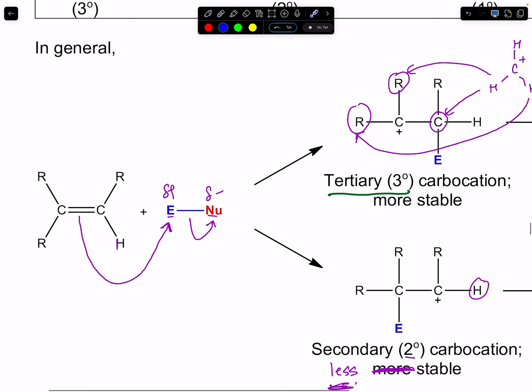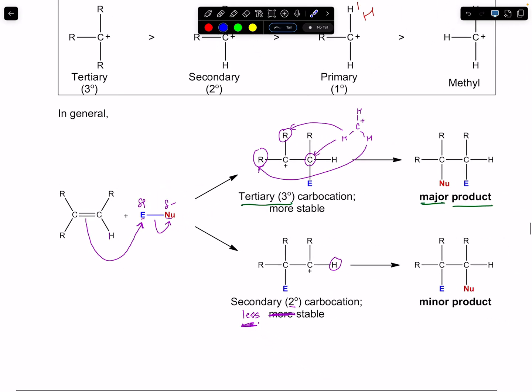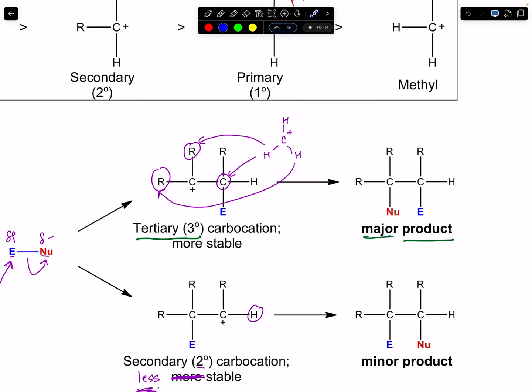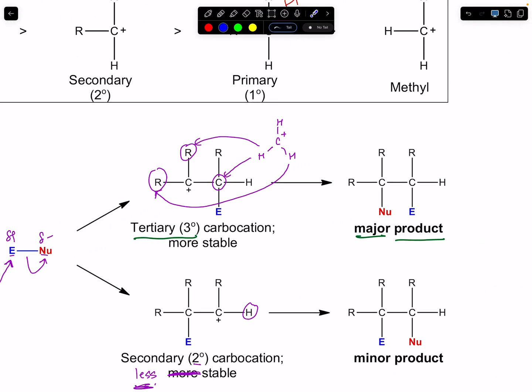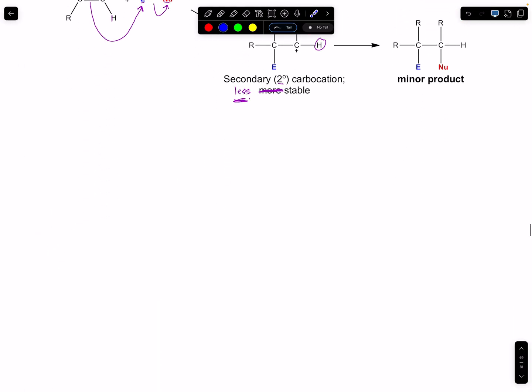So, as I mentioned, the major product will be the product with the highest quantity or the highest yield. Understand, guys? Okay, let's carry on to the next part.